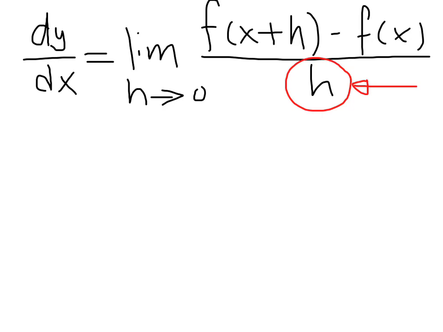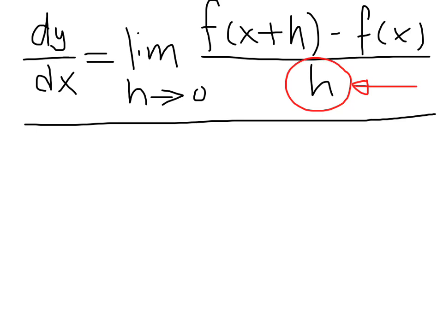So all we are going to do is get rid of this h, and then we can easily find the derivative dy by dx by substituting h equal 0. Right? So let's demonstrate this on the following example.